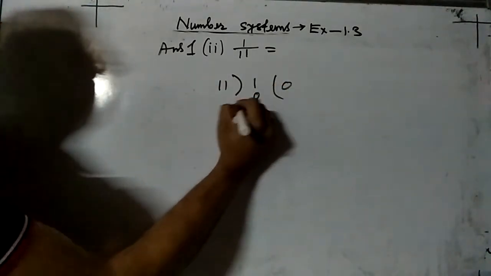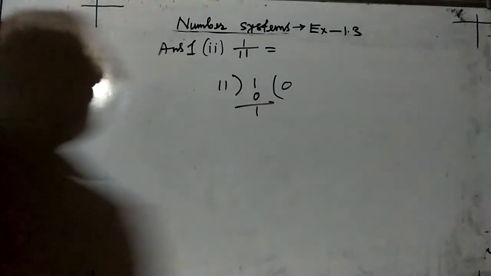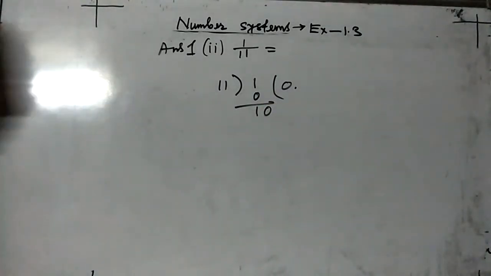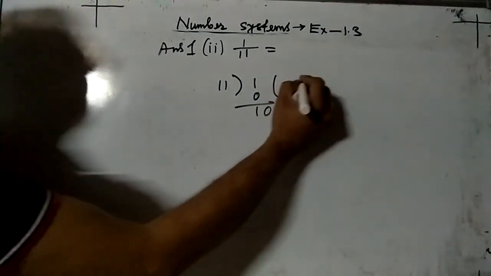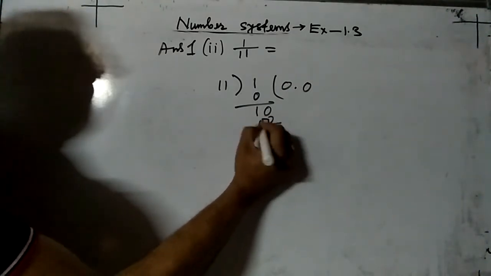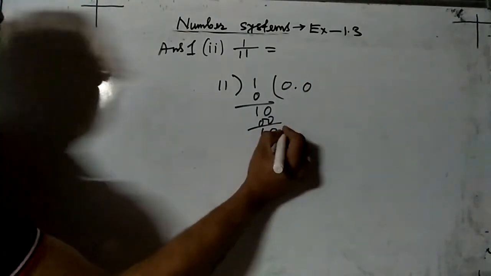So 11 0s are 0. Subtract, 1 we got. Putting a point, 1 0. Now 10 is smaller than 11, so again 0. So we are getting 10. Since you have taken a point, you can take 10 here.